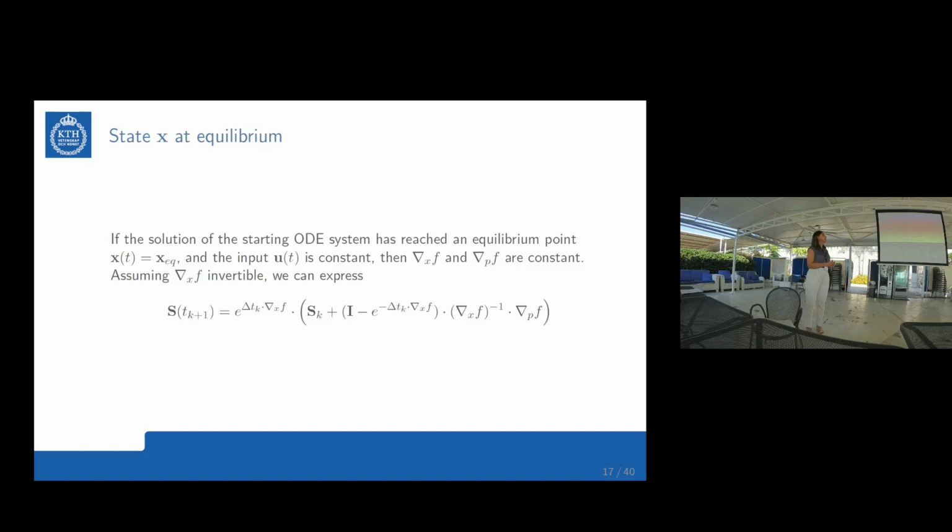And this happens, for instance, when our solution is at equilibrium. And therefore, we can use, again, this formula, but adapted with all our terms. And here, again, we have this exponential matrix, e to the power delta tk times the gradient of f in x.